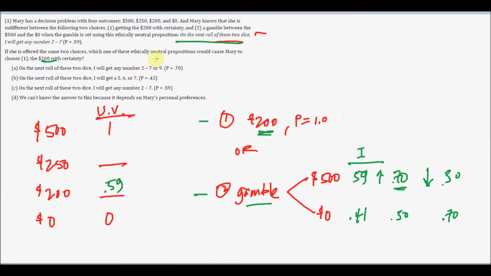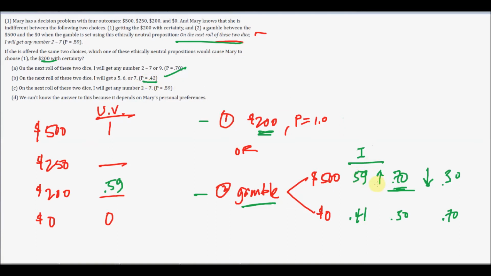Okay, so which one of these ethically neutral propositions would cause Mary to choose the 200 with certainty? Here, the gamble gets better. On the next roll of these two dice, I'll get any number 2 through 7 or 9. So I already said if the gamble's better, she's going to choose the gamble, so no. On the next roll of these two dice, I will get any number 5, 6, or 7.